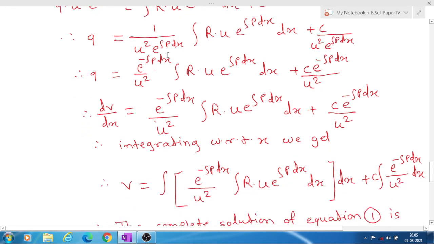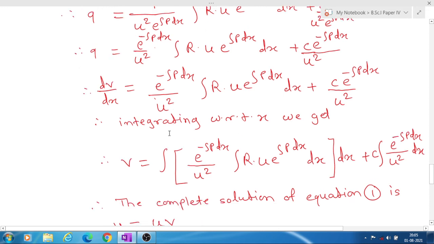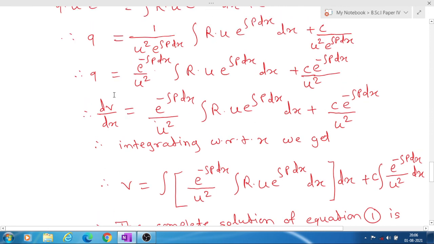Therefore 1 upon e raised to integral p dx can be written as e raised to minus integral p dx, upon u square. Now this value of q is nothing but dv by dx, so we write dv by dx is equal to this. So these are the general steps. We need not remember each and every letter, but we have to do the steps correctly.